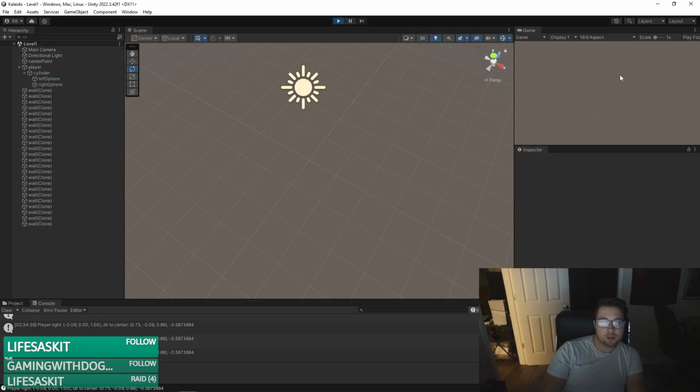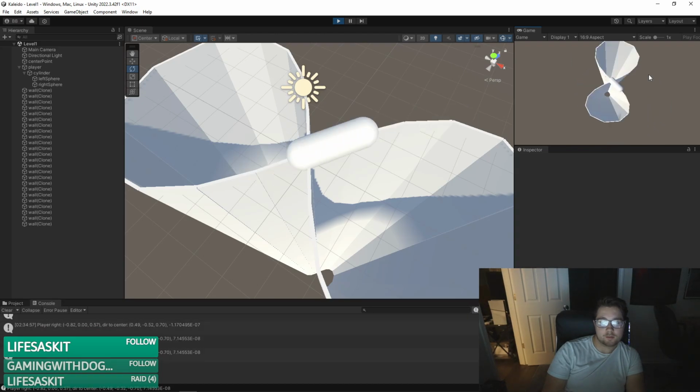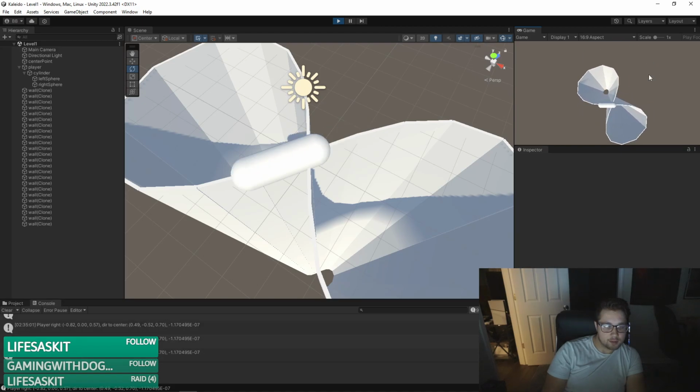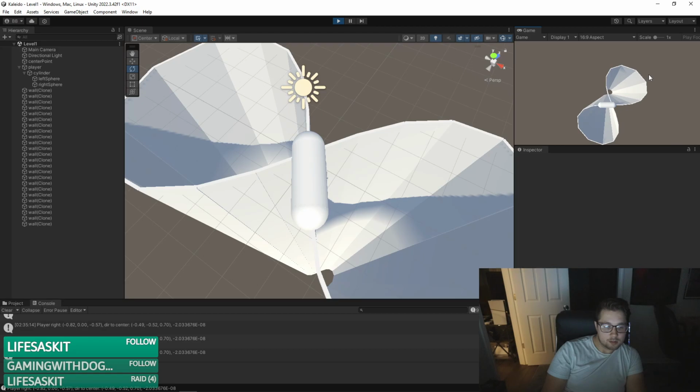Yeah, the problem right now is I'm just too tired to deal with this myself. Okay, so you can see it goes from 7 to -1. And then on this side, it goes from -0.06, -8, -2.